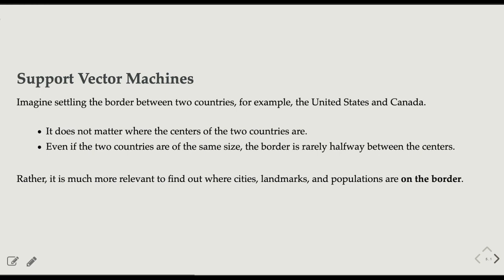We can look at cities such as Detroit, Vancouver, and Toronto, among others, that actually help define the US-Canada border. So for classification, we can borrow the same idea here. It matters not where the centroids are, but where the borderline data are.